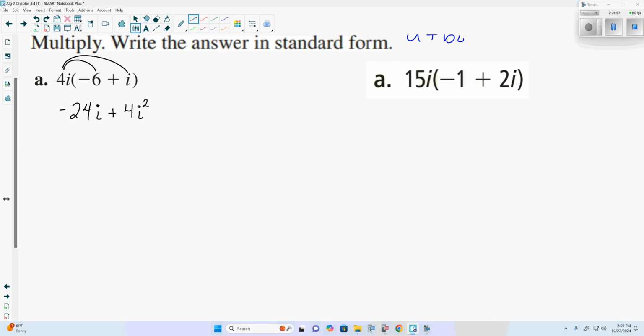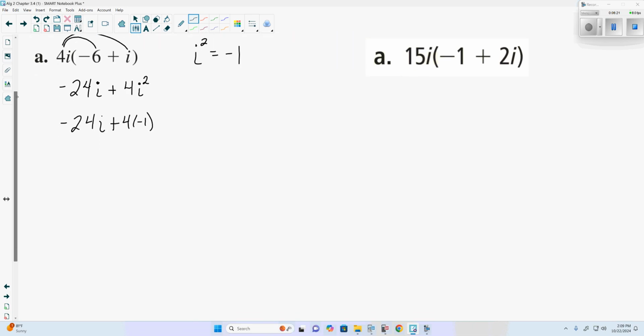I'll be right back. So, i squared. We do need to reduce this. We do need to simplify it. Well, i squared is negative 1, because we could divide the 2 by 4 and get 0.5, which tells us it is negative 1. So what that means for us here is that we have negative 24i plus 4 times negative 1.